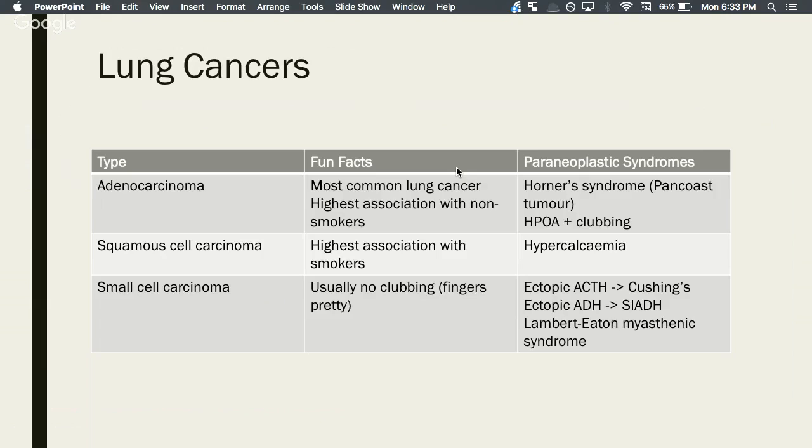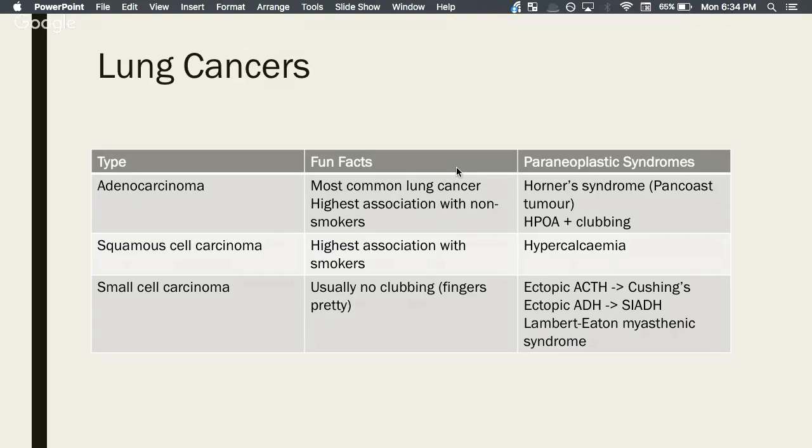For the paraneoplastic syndromes, adenocarcinomas are associated with Horner syndrome. And what are the three standard features of Horner syndrome? So ptosis, miosis, and anhidrosis. That's your classic Horner syndrome picture, as well as HPOA, and HPOA includes clubbing, but I just put it there in case you, like me, didn't realise that.